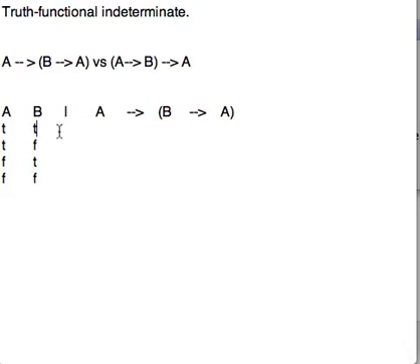Okay, so these are the different truth value assignments that we have to consider. And so if we copy that under here, in the first case both A and B are true. Then here A is true but B is false. Here A is false but B is true.